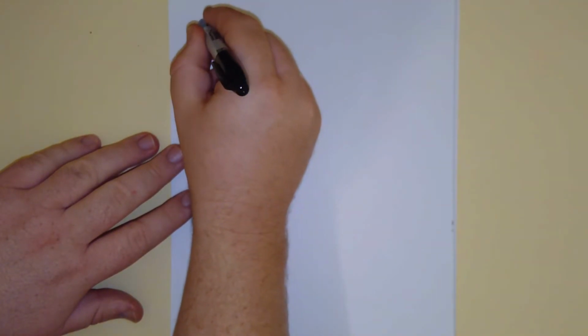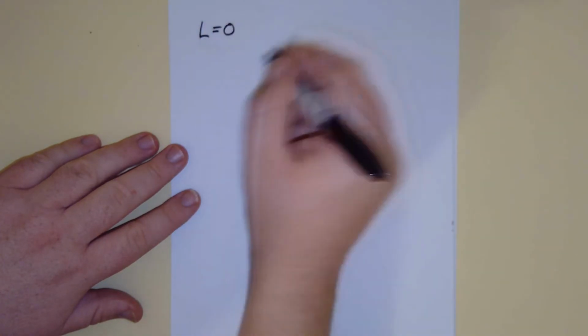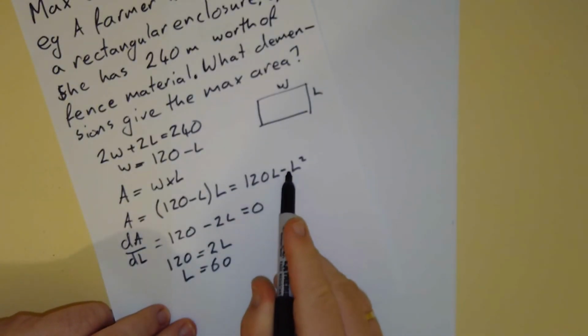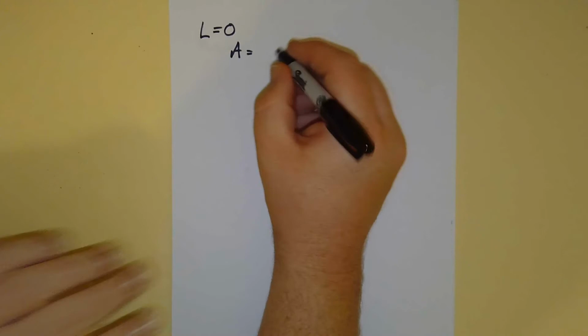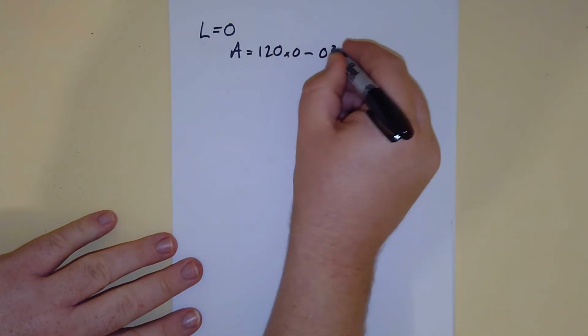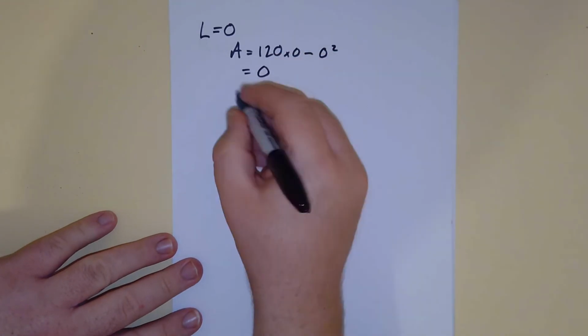So L equals 0. So my area is going to be, going back to this, you can see it's 120L minus L squared. So 120 times 0 minus 0 squared, well, that's going to be 0.